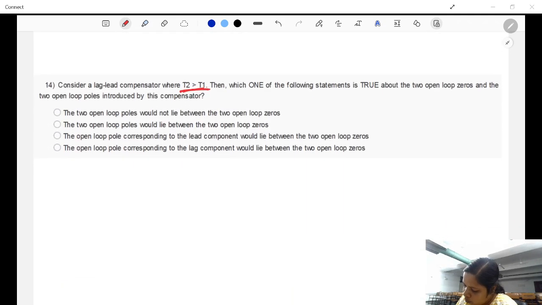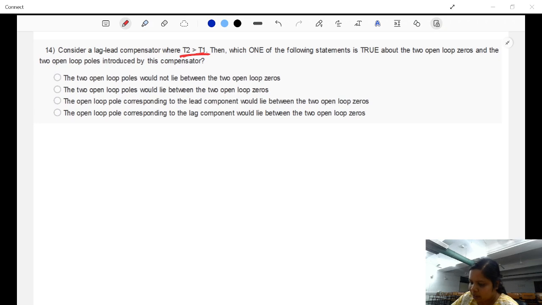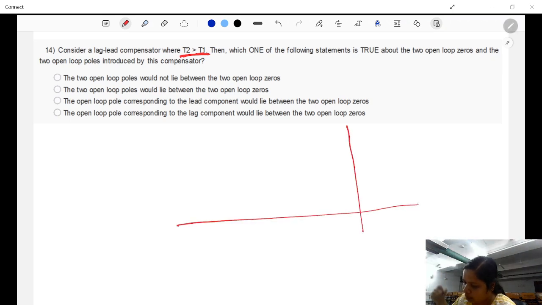Now we want to make some statement on the position of the zeros and poles. So let's see what happens. What are the four things that we need to take into account? -1 upon T1 and -gamma upon T1; this comes from the lead compensator.